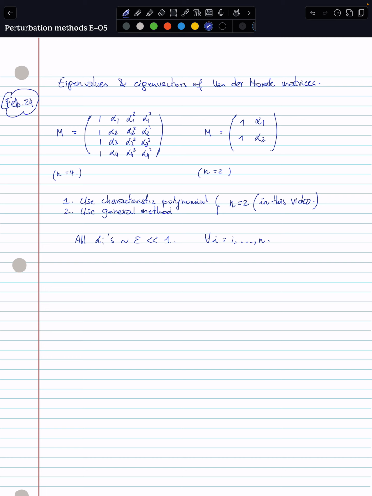But the only case we're going to consider is the case when n is equal to 2. And of course, I'm just planning to use this exercise here to show you that no matter the method you use, you should obtain the same results. All right, so let's see how we can proceed with this exercise.